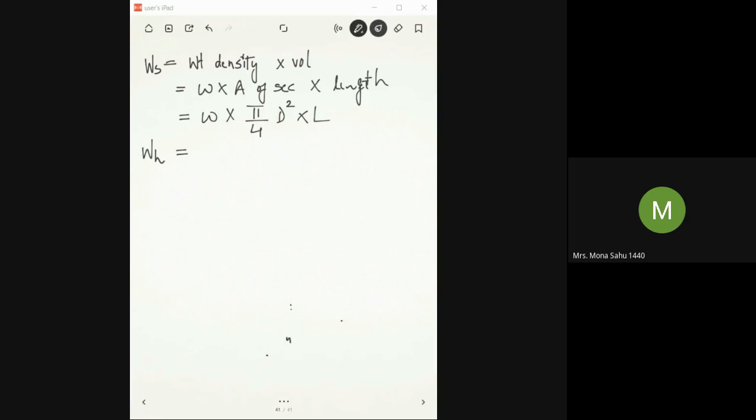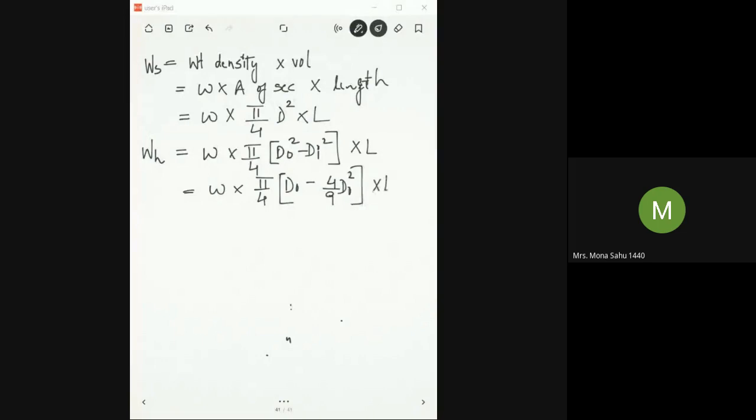What about Wh? The same formula. Weight density remains the same. Pi by 4 into (D naught square minus Di square), and again length is the same. Substitute the value of Di, it's given in the problem. So you have 5 by 9 D naught square multiplied by L. Guys, if you have any doubts, please ask me.